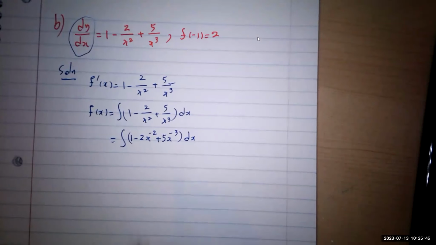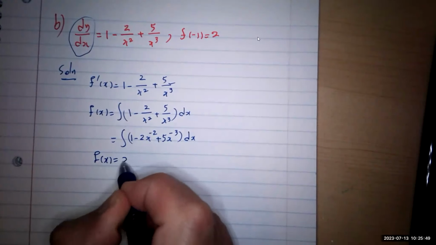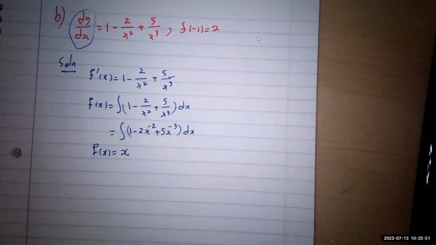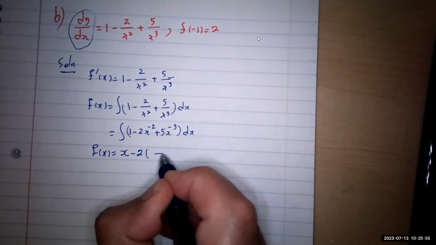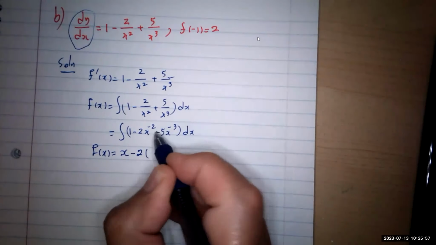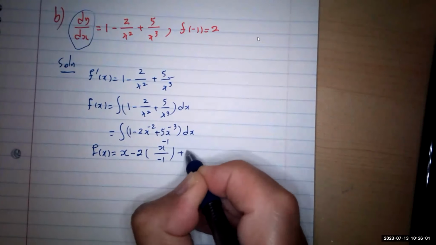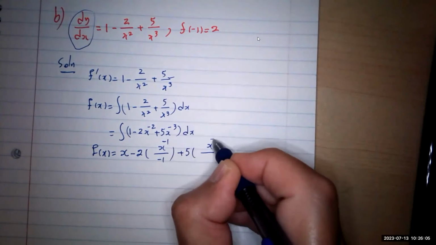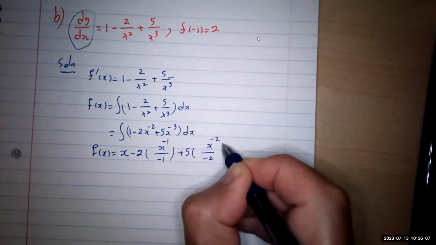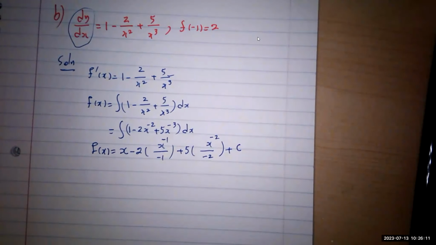Now integrate. So f of x is equal to the integral of 1, which is x. You want a function whose derivative is 1. Minus 2 times x to the -2 plus 1, that is x to the -1 over -1, plus 5 times x to the -3 plus 1, that is x to the -2 over -2, and the constant. Simplify those negatives and move the powers to the denominator.